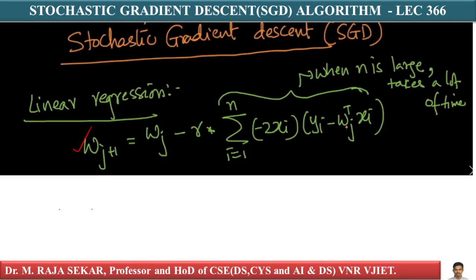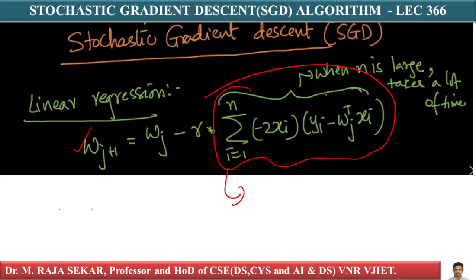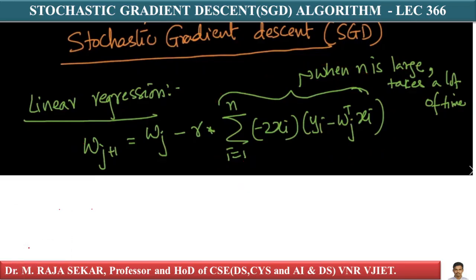We have seen, since this summation, sigma i equal to 1 to n, has to go through all the points when n is large, this takes a lot of time.